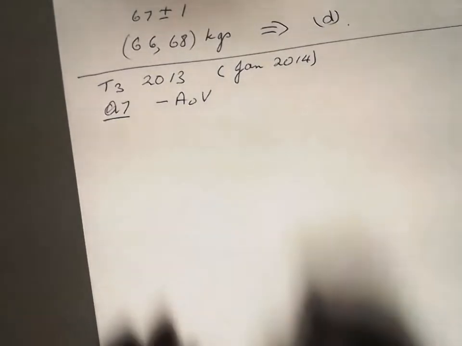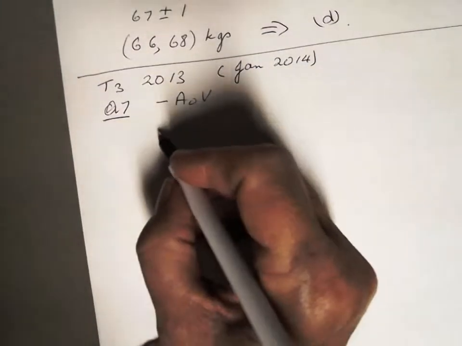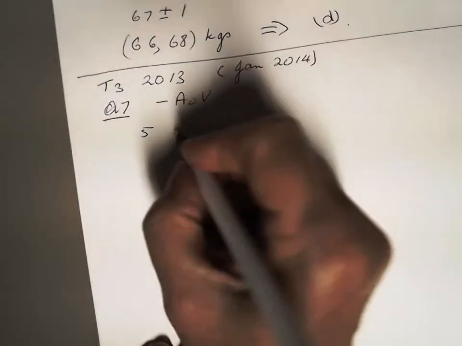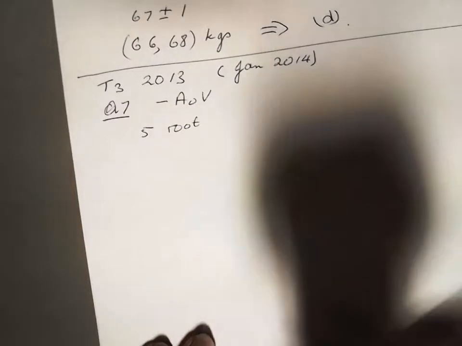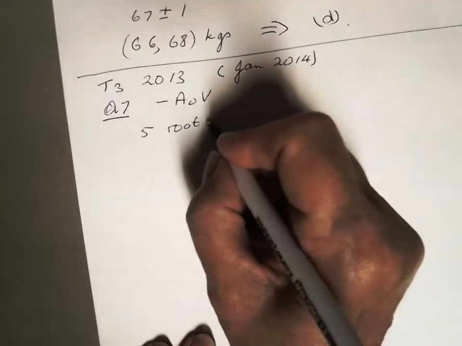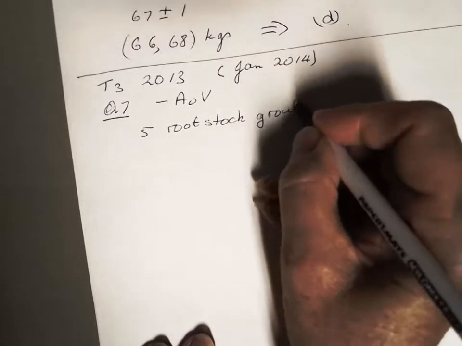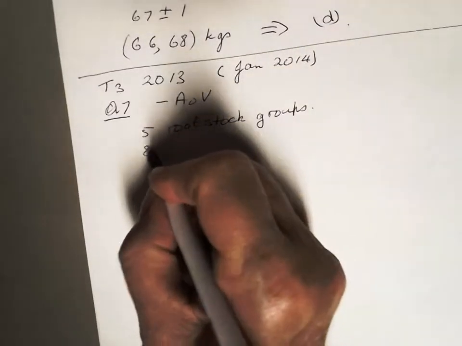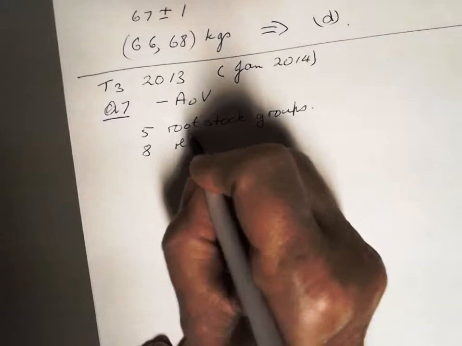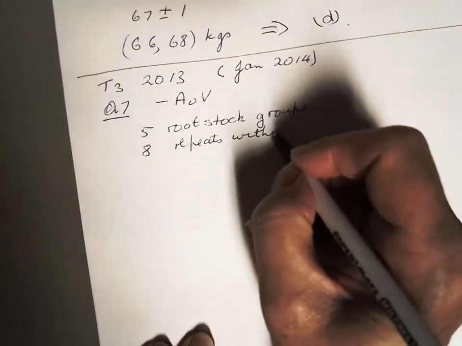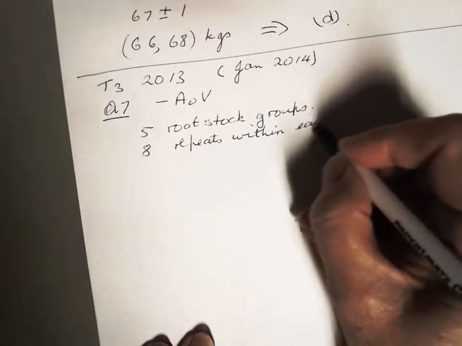So we have 5 groups. I'm unpacking the question: 5 rootstock groups, and there were 8 repeats within each group.